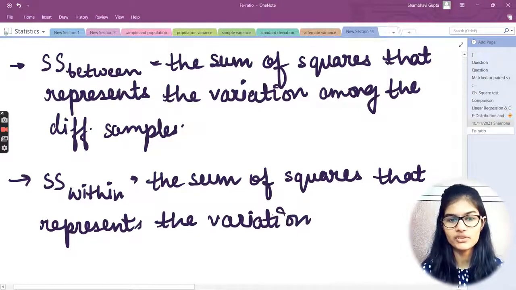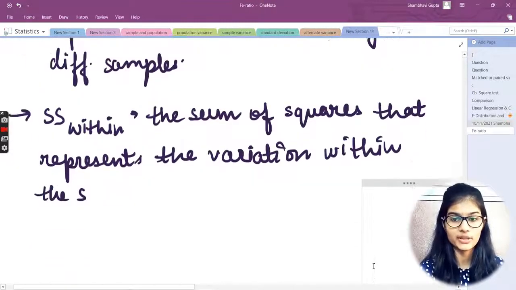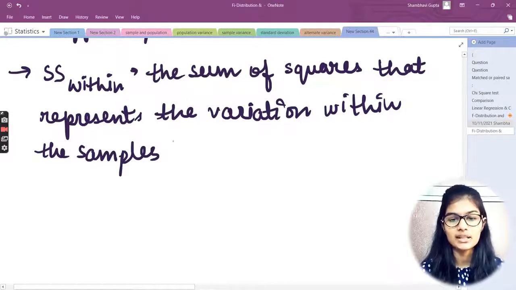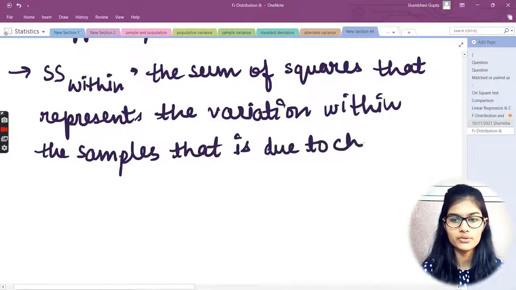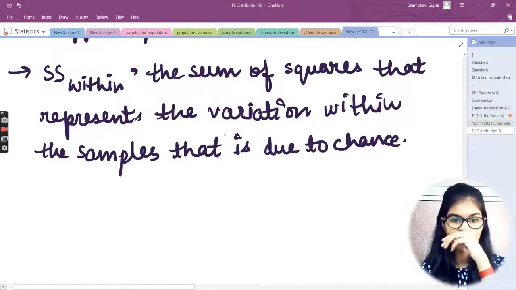SS within is basically the sum of squares that represents the variation within the samples, and that is due to chance. So here goes the chance. Great. So this is SS within, the sum of squares that represents the variation within the samples.